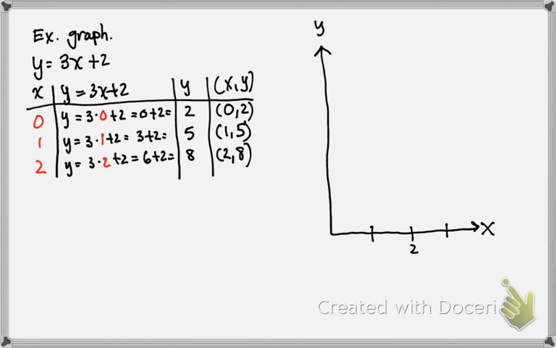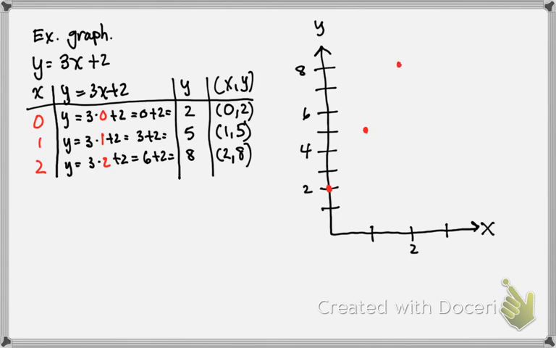And then we're going to go 1, 2, 3, 4, 5, 6, 7, 8. And then I'm going to put in every other number. And then I'm going to graph my ordered pairs. So when I put in 0, I got out 2. When I put in 1, I got out 5. When I put in 2, I got out 8.